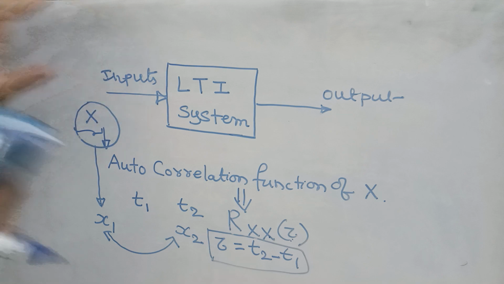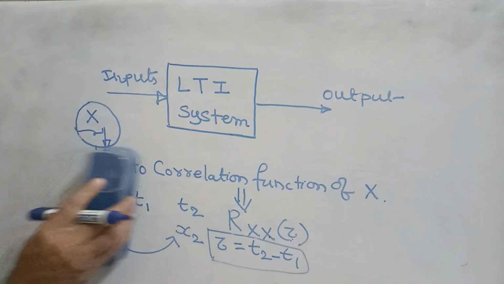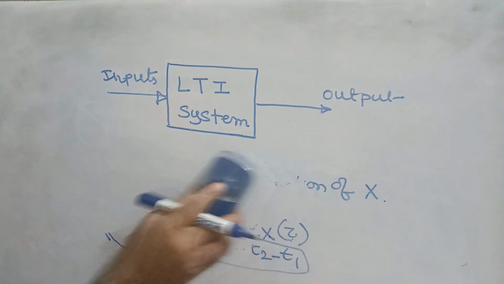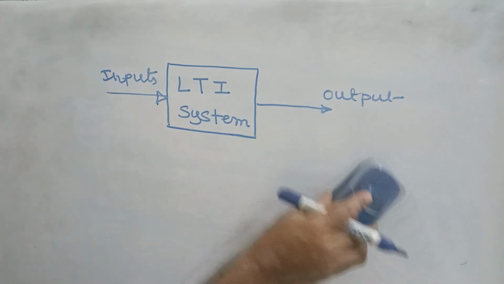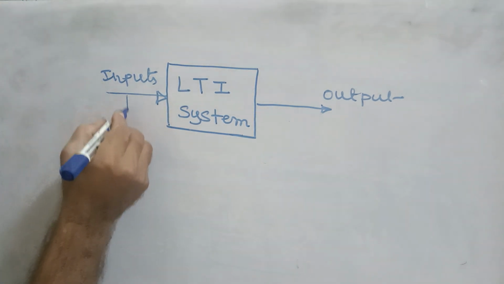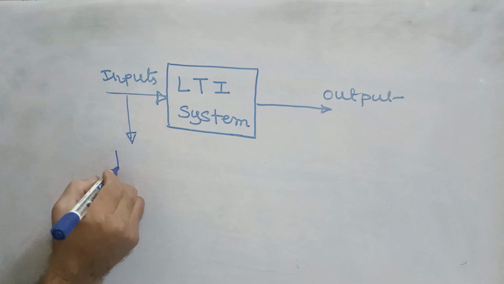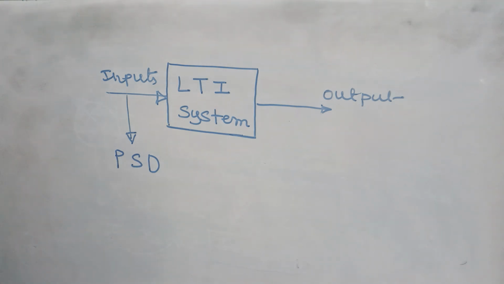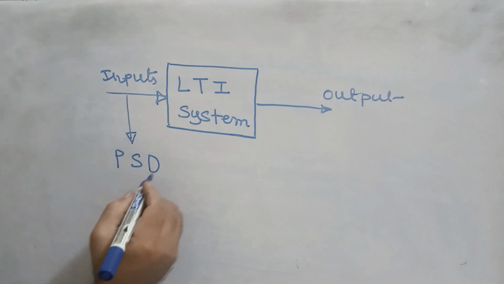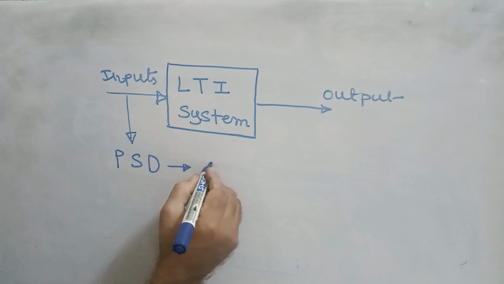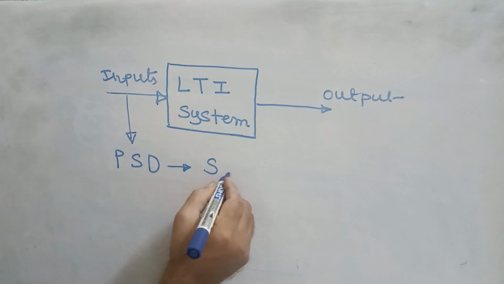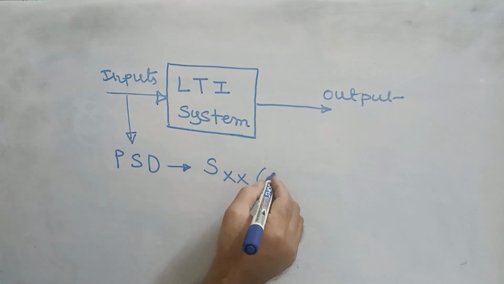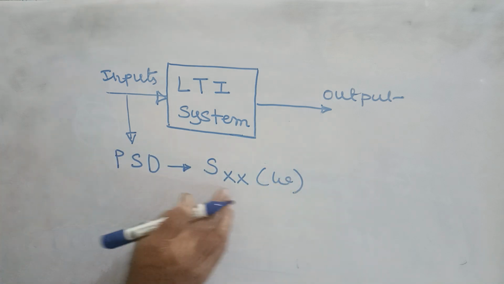And similarly, what is the power spectral density? Can the power spectral density be defined at the input? Absolutely. The power spectral density, in short, I can write as PSD. Remember, it is a very important notation. It is denoted by capital S xx of omega.